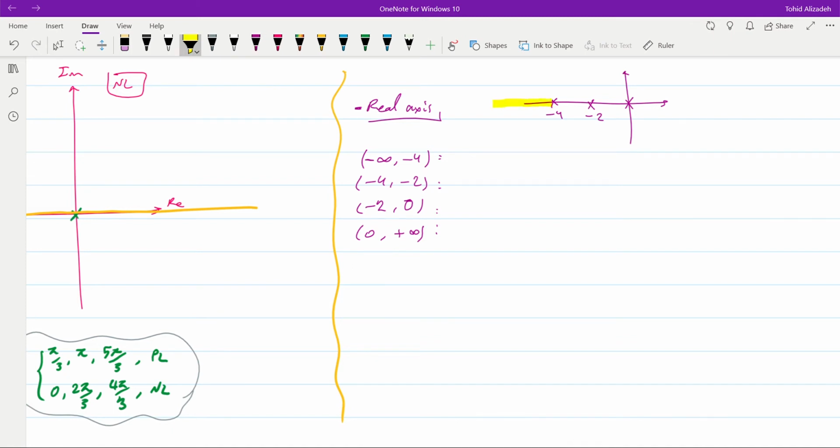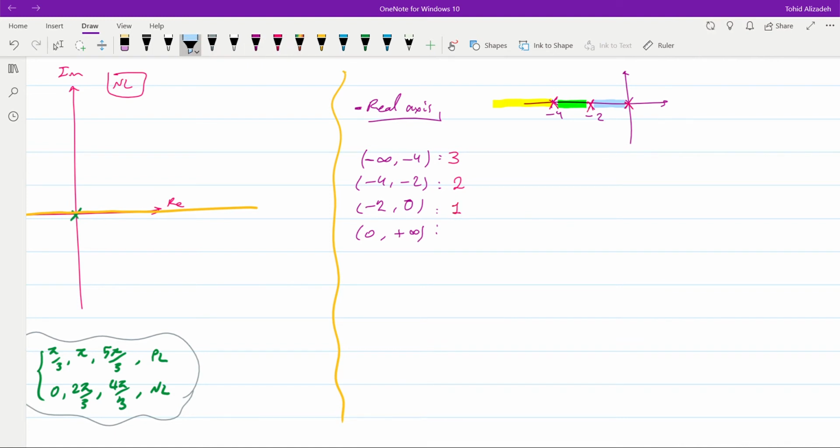For the segment from -infinity till -4, you can see that there are 3 poles on the right side. So we have the number as 3. Then for the segment between -4 and -2, we have 2 poles. For the segment between -2 and the origin, we have 1 pole.